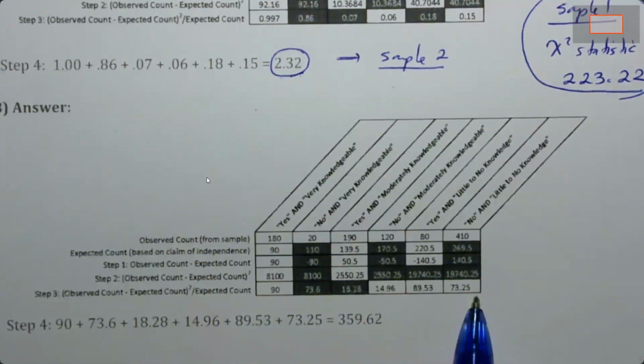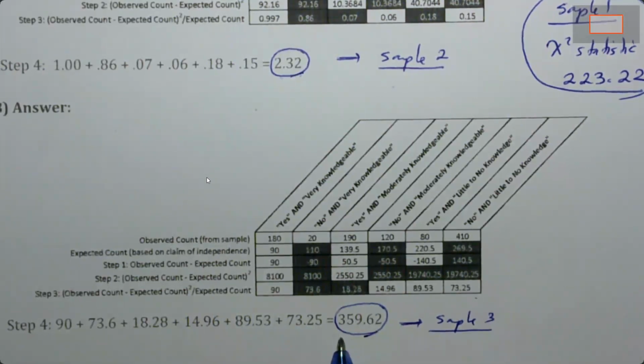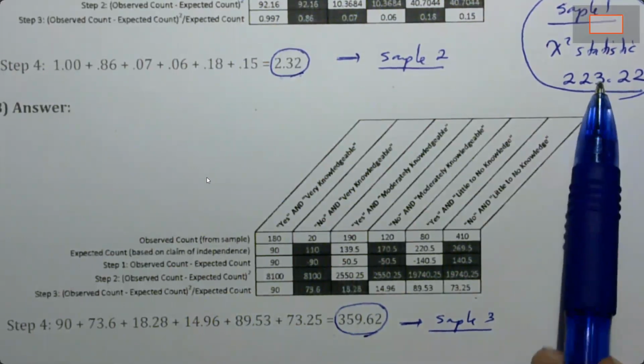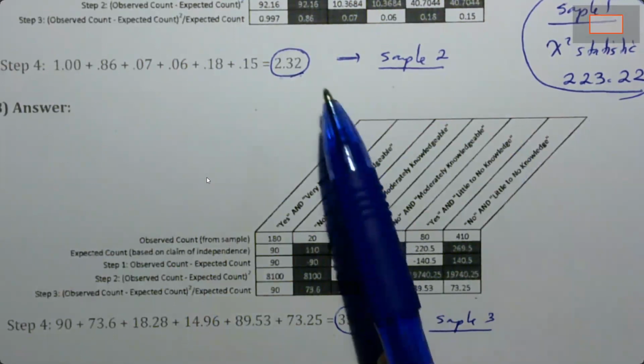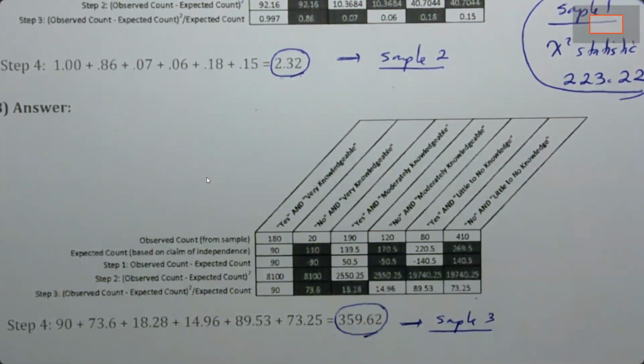It helps us to calculate the chi-square. So the chi-square statistic for the last sample, sample 3, is 359.62.